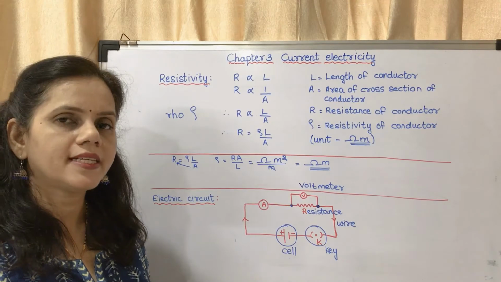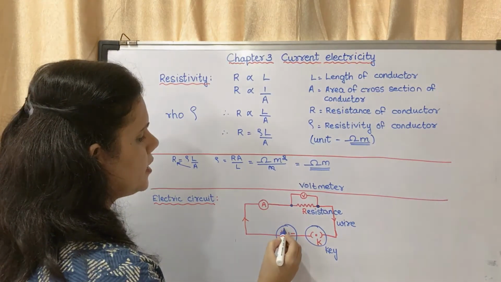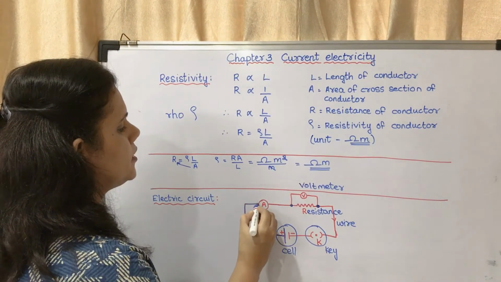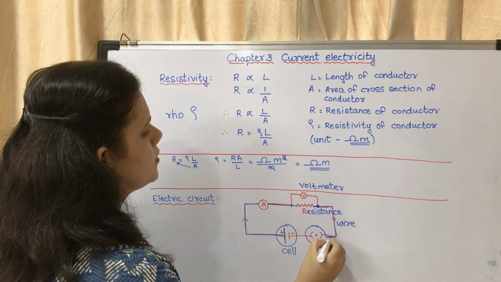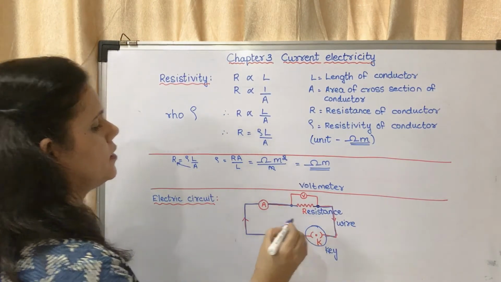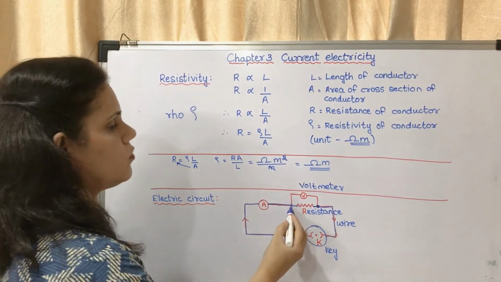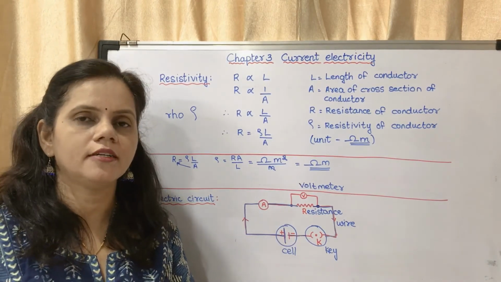Now what do you mean by series? One after the other. You may see here, from here till here, then here, then here, till here. It is in series, in continuation. But what is the case of the voltmeter? It is a connection in between, a joint in between.